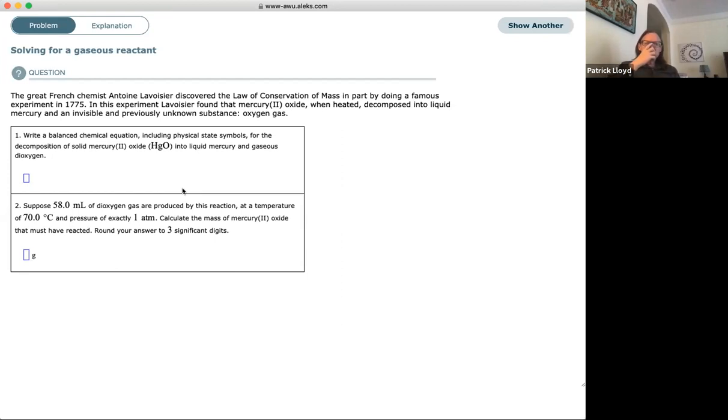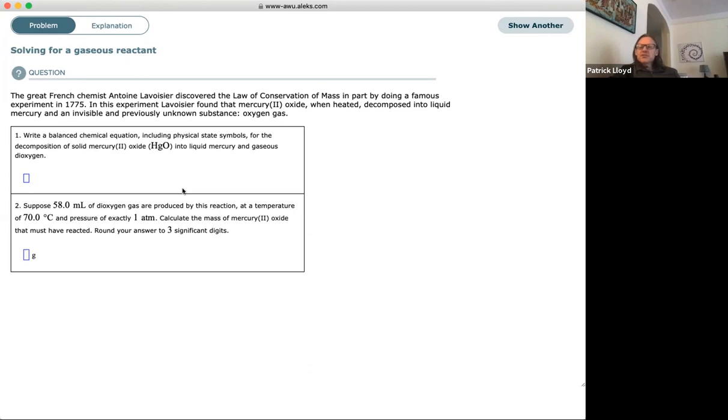The great French chemist Antoine Lavoisier discovered the law of conservation of mass in part by doing a famous experiment in 1775. In this experiment, Lavoisier found that mercury(II) oxide, when heated, decomposed into liquid mercury and an invisible and previously unknown substance, which is called oxygen gas, right? So he's the one that actually discovered it.